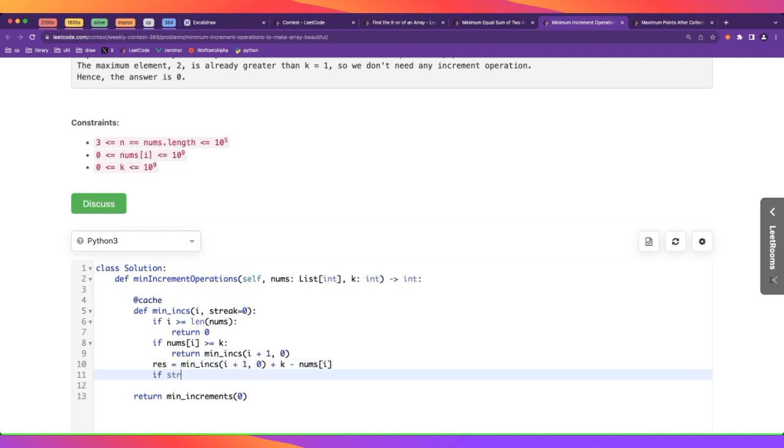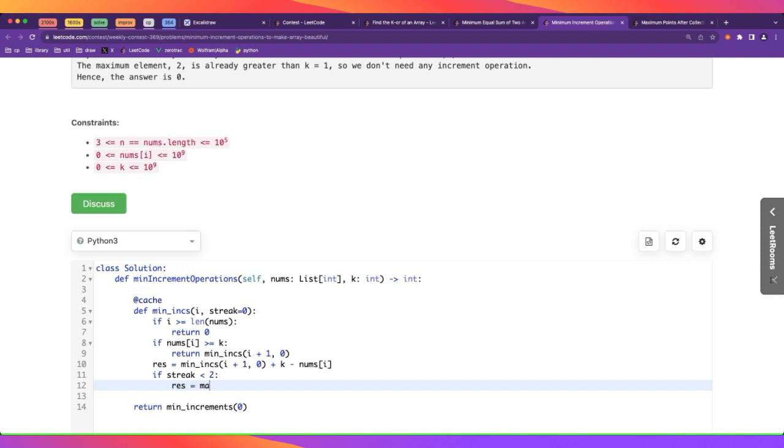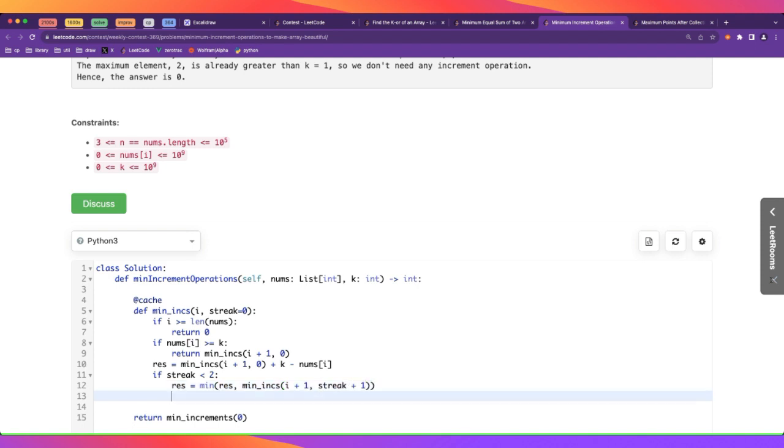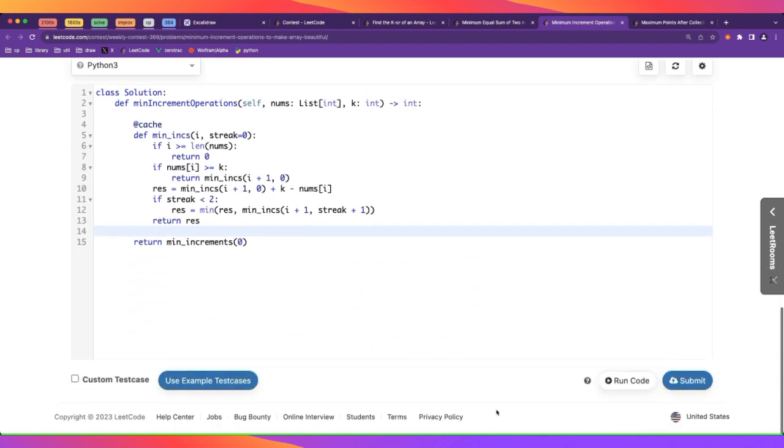But if the streak is less than 2, then we also have the option of keeping it as it is and increasing the streak by 1. And that should be it.